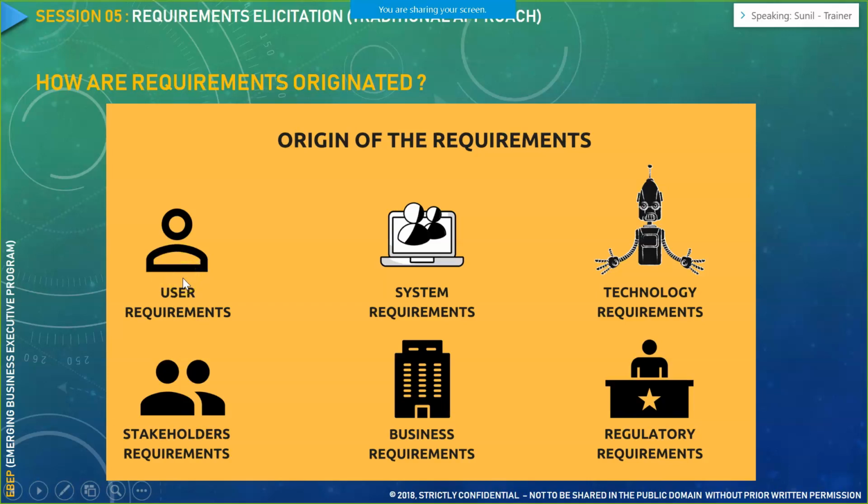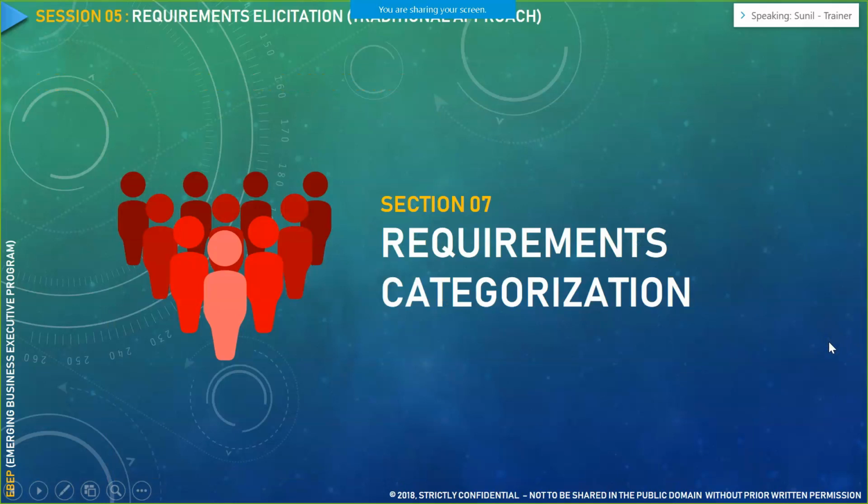Users are like me and you, who are consuming that operating system and giving our feedback, like this is very tricky to use, or this is very complex to use, the screen is not aligned properly. These are some of the requirements which a user would give, and the end-to-end core requirement is something the stakeholder would give. So these are the 6 ways by which requirements originate for a particular system or project.